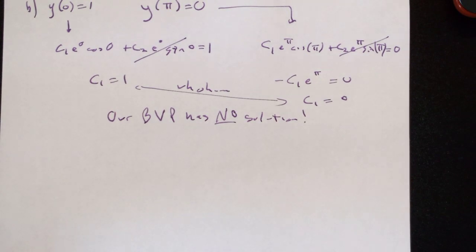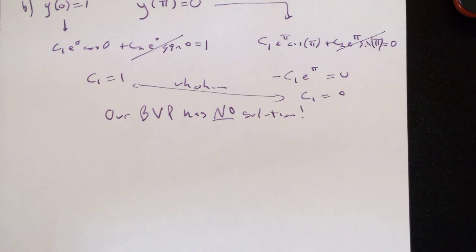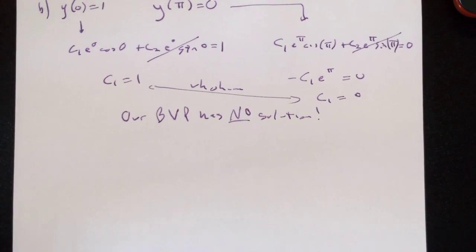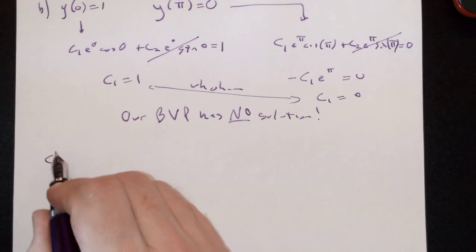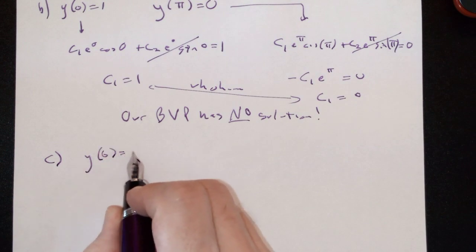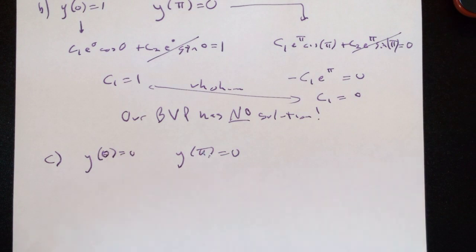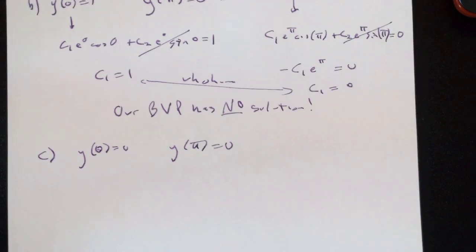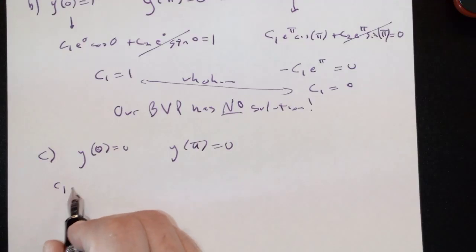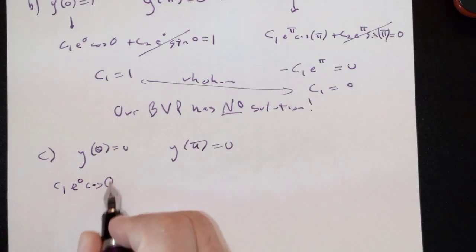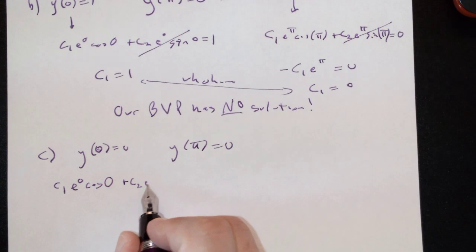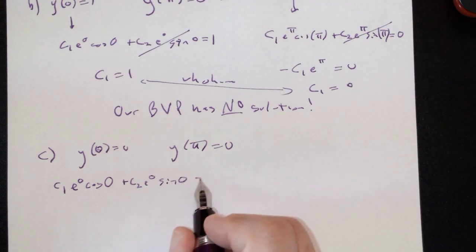It is even possible to end up with a boundary value problem that has infinitely many solutions. If I tell you that I want you to try y of 0 equals 0 and y of pi equals 0, hang on a second. C1 e to the 0 cosine 0 plus C2 e to the 0 sine 0 equals 0.